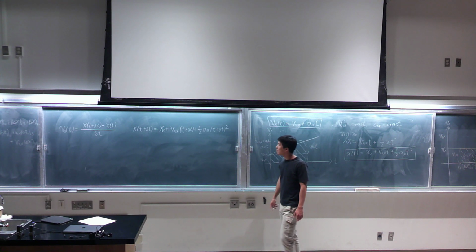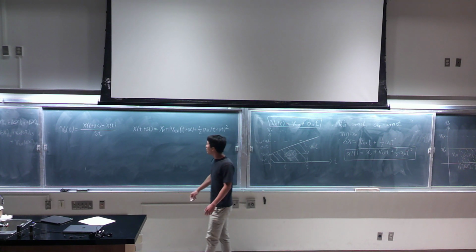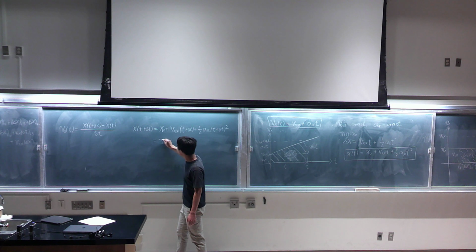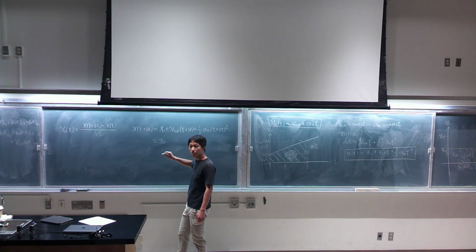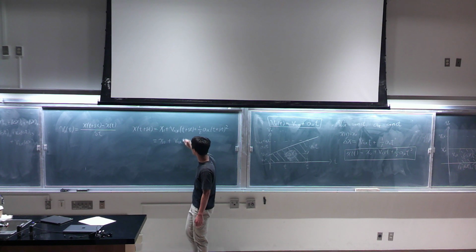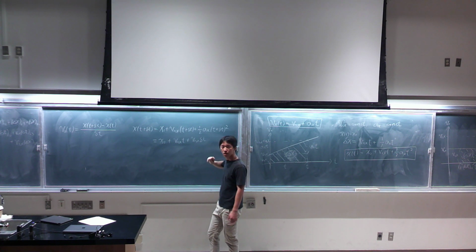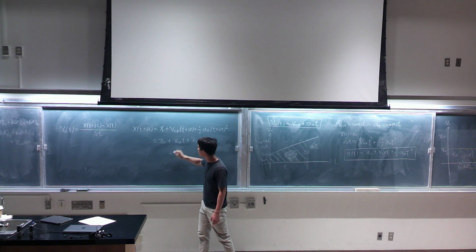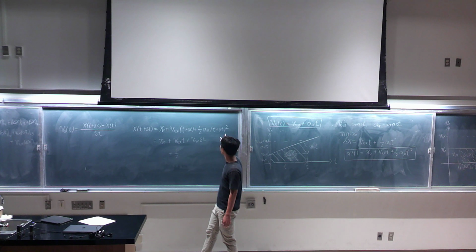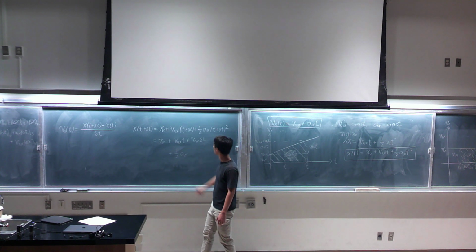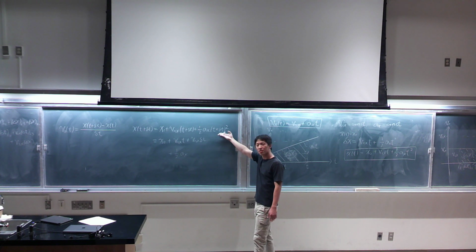Now, have you guys learned distribution? You multiply each term in the parentheses by whatever is outside the parentheses. That makes sense? Have you guys learned what this is?